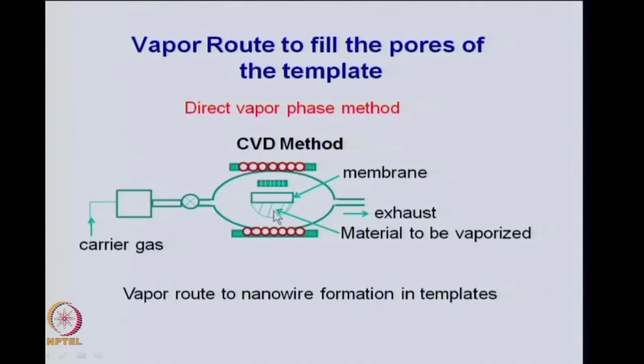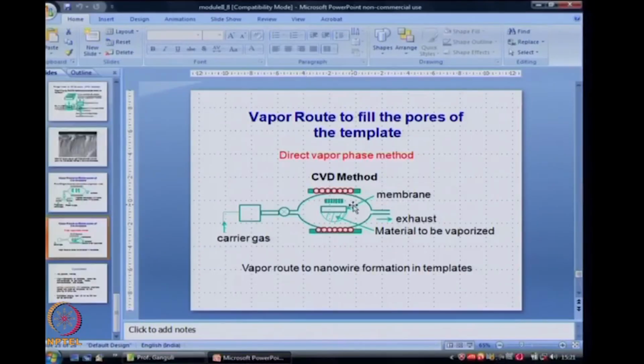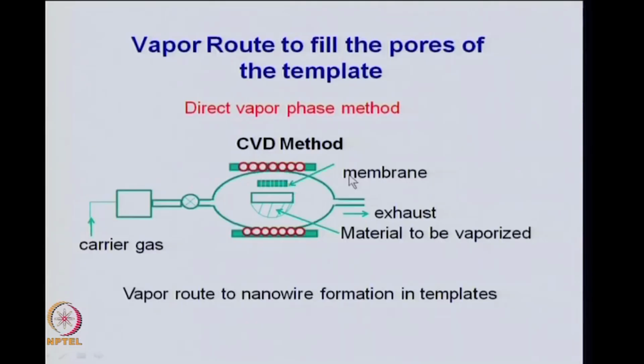So, suppose I want to deposit some material in my template, which is the membrane, and this arrow actually should be here. So, let me correct it, and so this is the membrane, and this is my material which is to be vaporized, and you have this furnace.